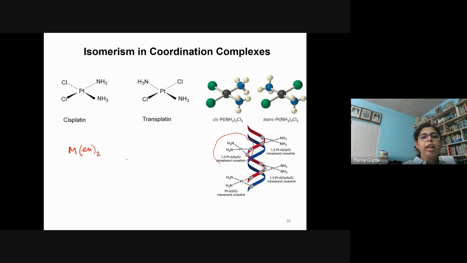If you have a ligand like this, with the six donor atoms from the same ligand, then it will be much more stable. If the metal is there, it will be much more stable depending on the bite angle and all these things. This is called the macrocyclic effect.